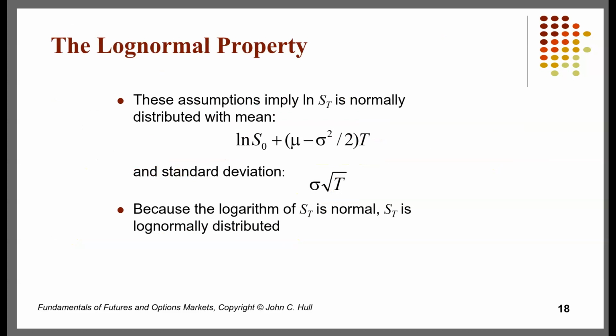The log normal property of security prices is simply the assumption that the log of ST, which we looked at earlier, is normally distributed with a mean equal to the log of S0 plus mu minus sigma squared divided by 2, multiplied by t, and the standard deviation is equal to sigma square root of t, which here means that the variance is equal to sigma squared t.